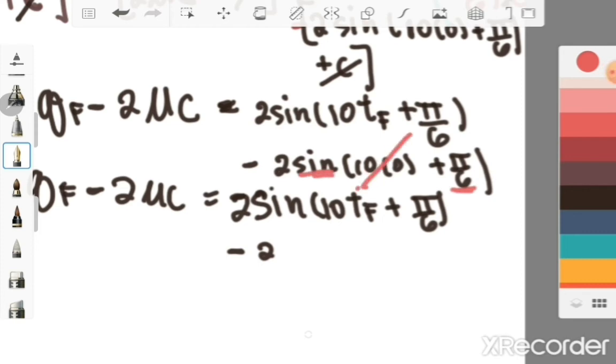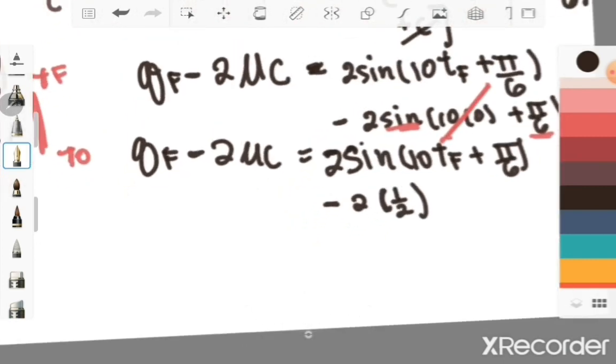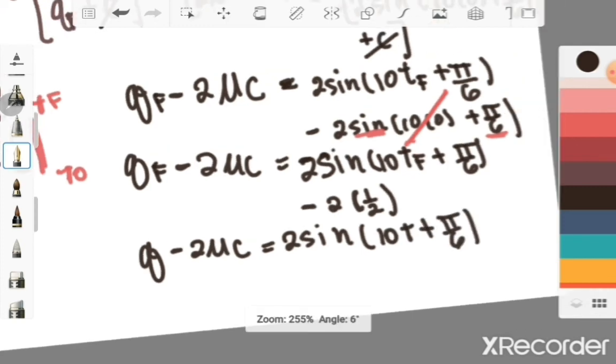Kasi nga 0 to, di ba? 0 yan. Okay? Multiplied by 1 half. So therefore, we have Q final or your Q minus 2 microcoulombs is equal to 2 sine 10t plus pi over 6 minus 1.